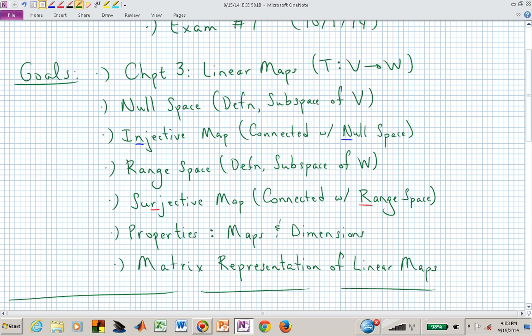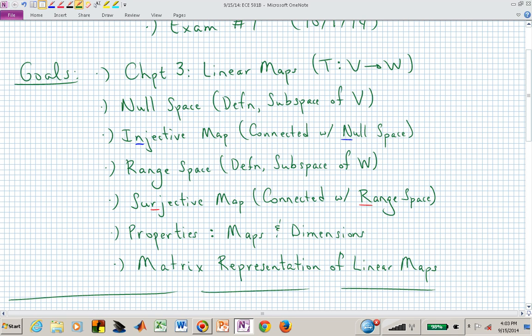I don't know if we will get into properties of these maps and this relationship between dimensions of the different spaces, the dimensions of the null space and the dimension of the range space. Those actually sum up to equal the dimension of the domain. We'll get maybe that far, but I don't know.